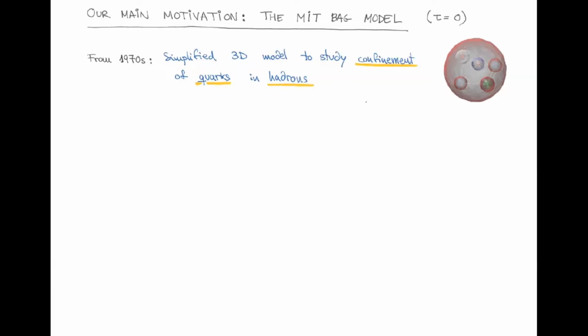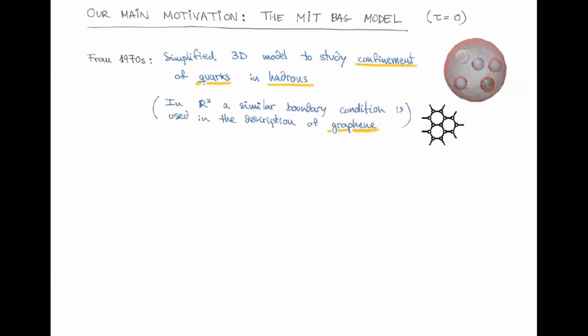So the family of problems that I want to consider includes this important problem in mathematical physics that many people are interested in. This was a model used for the confinement of quarks, but its version in R2 is also useful in material science because it's used in the description of graphene. So a lot of people are interested in the MIT bag model.